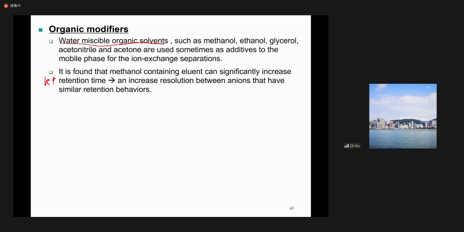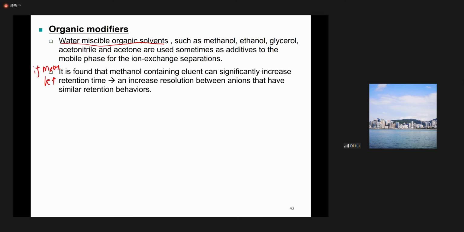So if methanol is added, it could increase K, so increased resolution, because K means better retention, right? Increased resolution between ions that may have similar K values may be better separated.